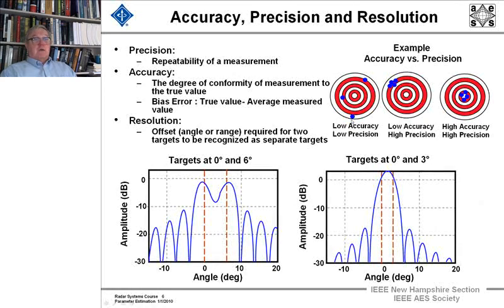Here what we have is both low accuracy and low precision. They're not clustered as they would be here with high precision, and they're not high accuracy. When you have both high accuracy and high precision, they're clustered about the true value.